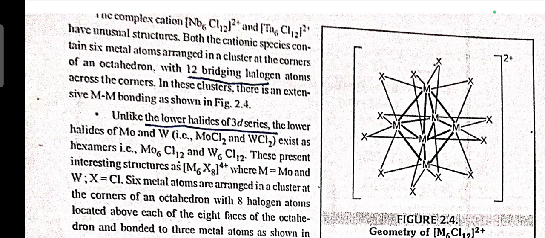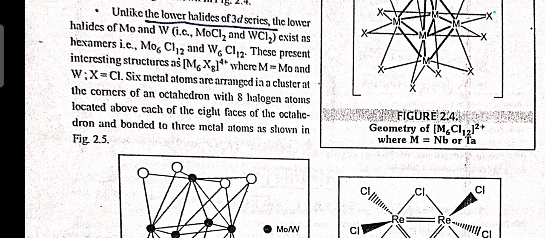Unlike the lower halides of the 3d series, the lower halides of molybdenum and tungsten, MoCl2 and WCl2, exist as hexamers, that is Mo6Cl12 and W6Cl12.